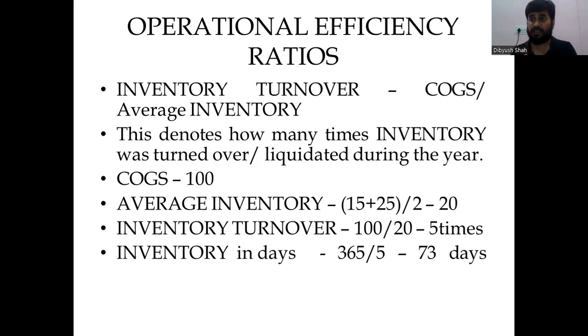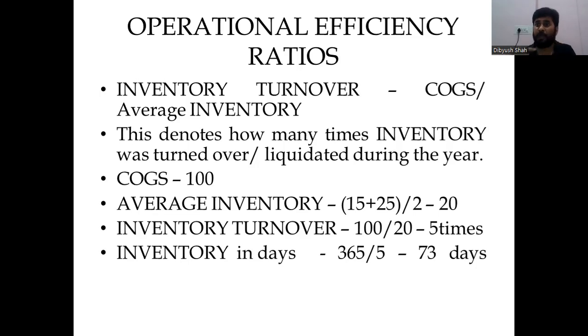So when I am talking about how many times I was able to sell my entire inventory during the year, the numerator I should always take is something that is relevant to sales, and here it was cost of goods sold, because only those inventory which were actually sold during the year form part of cost of goods sold. So that is why most accountants who framed this formula agreed that the numerator should be cost of goods sold and not cost of production.